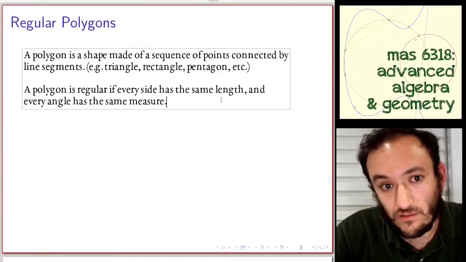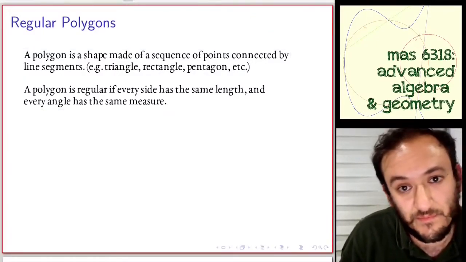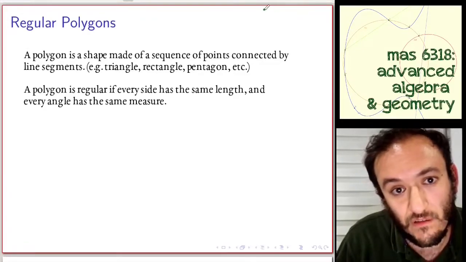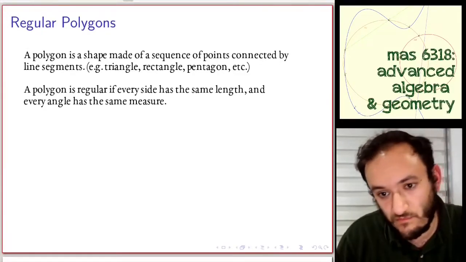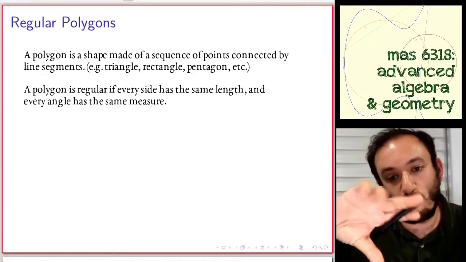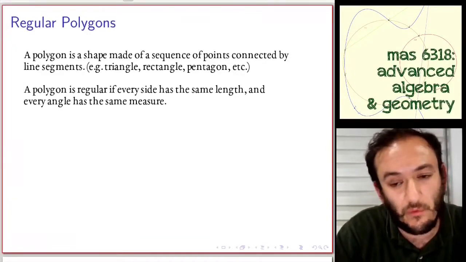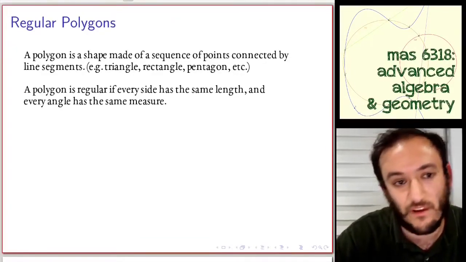So that is called a regular polygon. And these are highly symmetric. You can rotate them so that one point goes to the next point and you've got the same shape back. Okay, well, let's try and build some of these regular polygons.